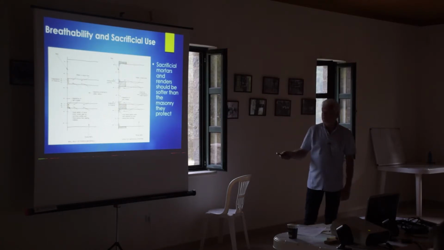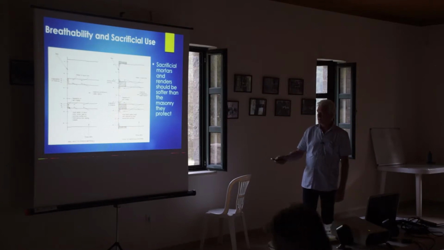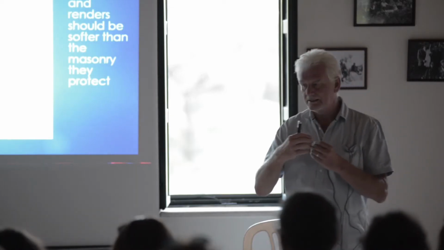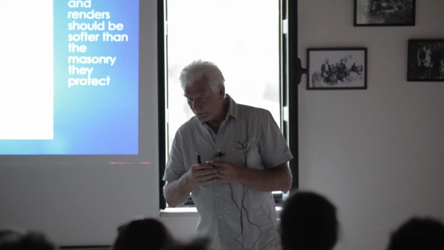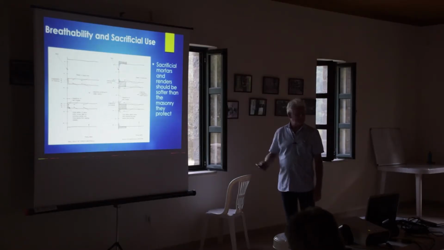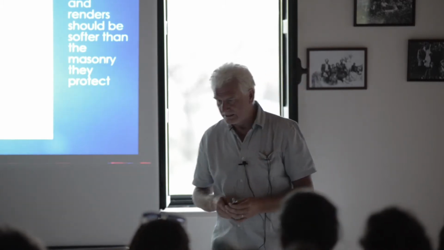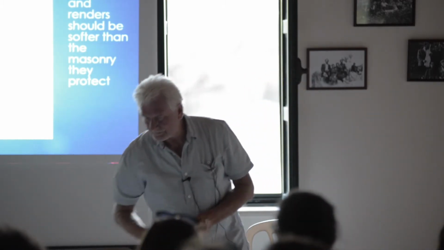What happens? The water comes down. It can't get through the cement, so it goes around it, and you get erosion at these points. And you get the stone becoming eroded on the outside, and the mortar will actually project. I'll show you.